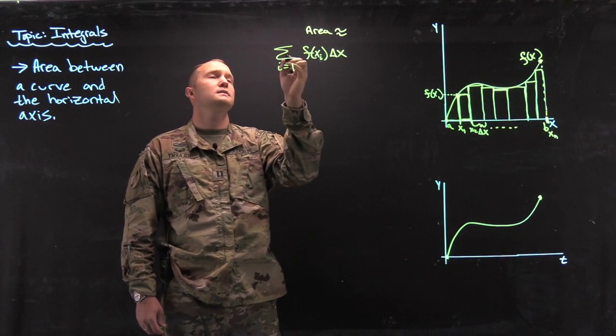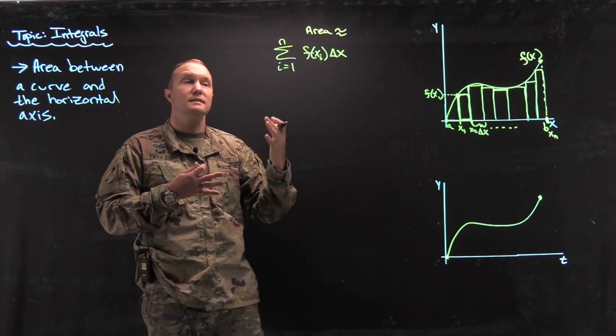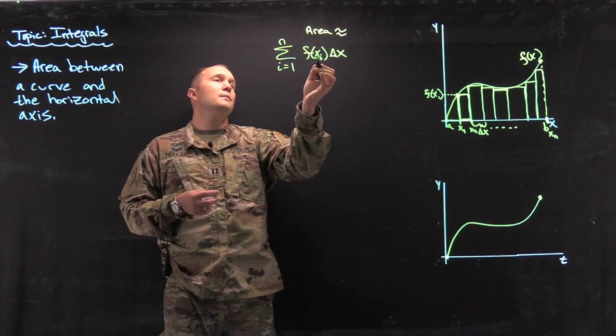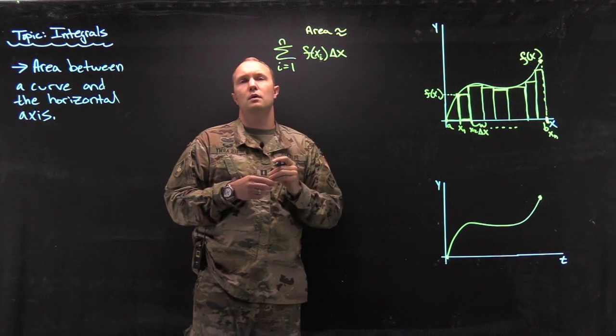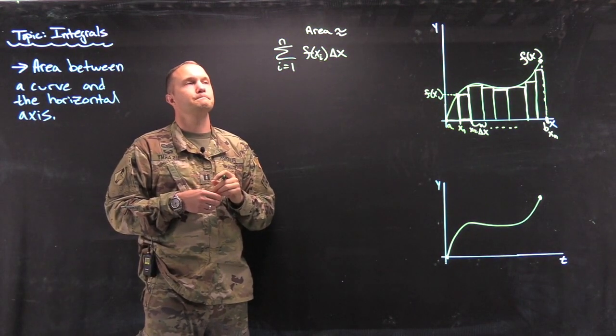So notationally, I'm going to take the sum from i equals 1 to n, however many rectangles I have to approximate this area. So the sum of f of x sub i times delta x gives me an approximation for the area between f of x and the horizontal axis.